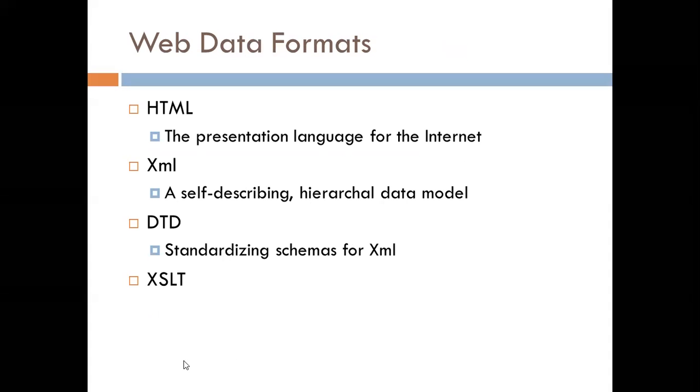So HTML documents will have a format, along with XML, DTD, and XSLT. We shall study these four concepts. These are the data formats. This is like a normal text file which we type in Notepad.